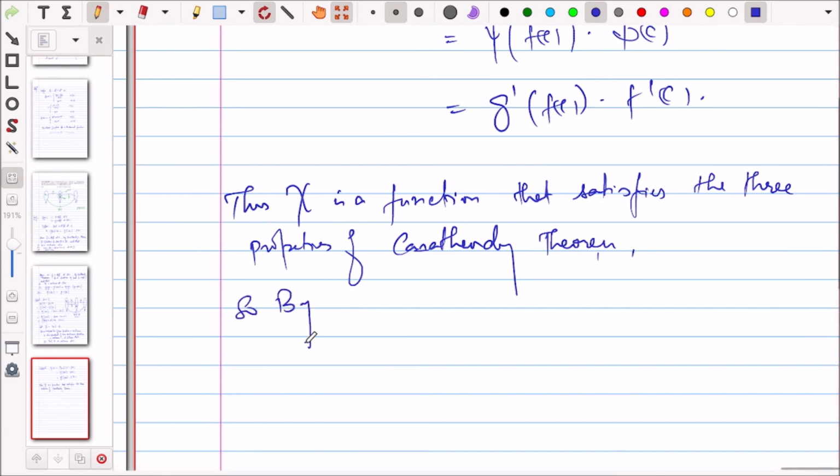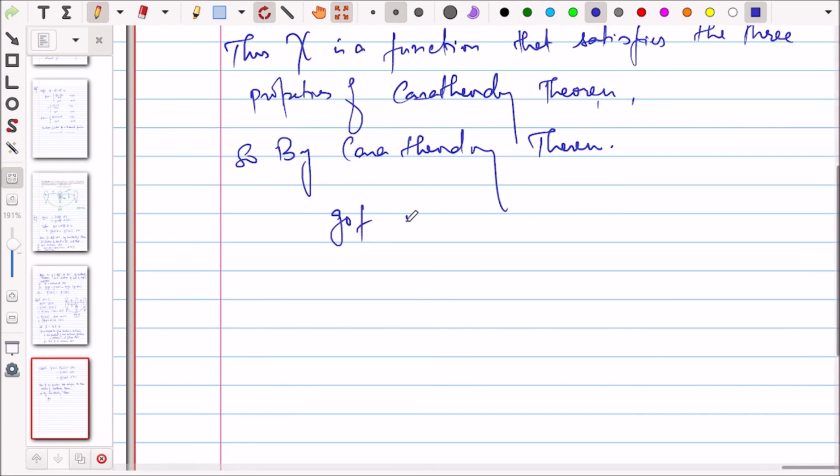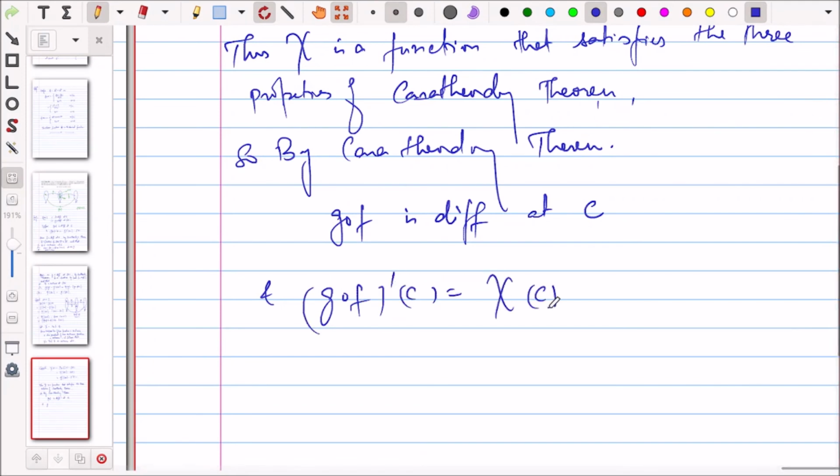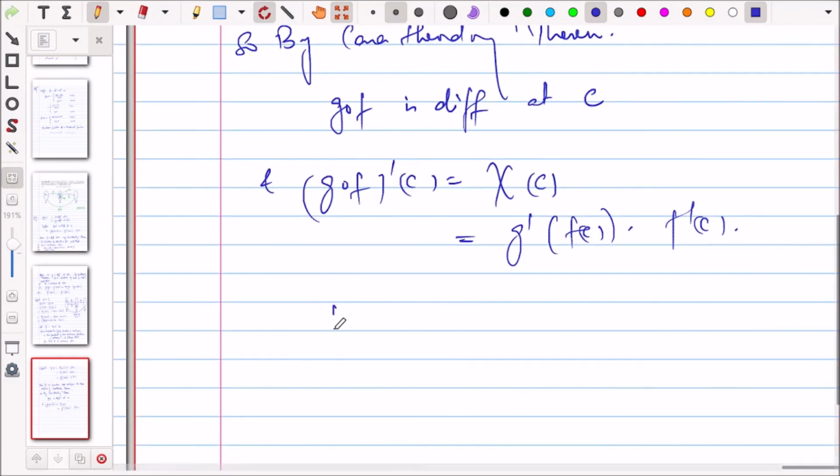So by the Carathéodory theorem, we have GOF is differentiable at c and GOF dash c is equal to chi of c, which is equal to g dash fc into f dash c. Okay, is it fine? Is it fine, everyone? Yes, sir. Hence the proof.